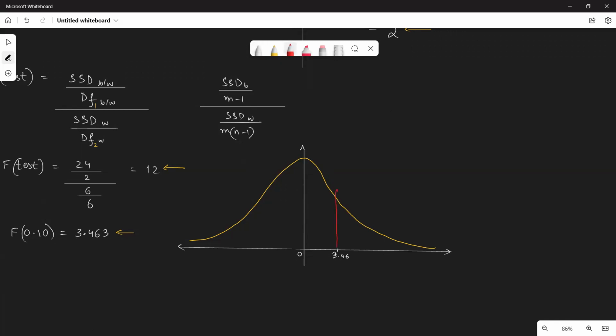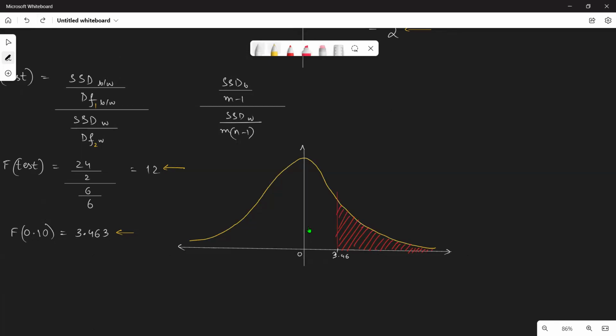So I'll just draw one line here, and this entire part of your graph is a part of your rejection region, right?